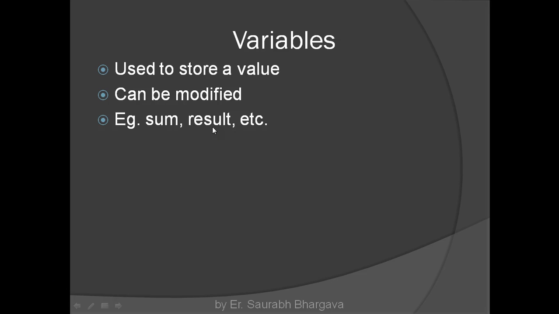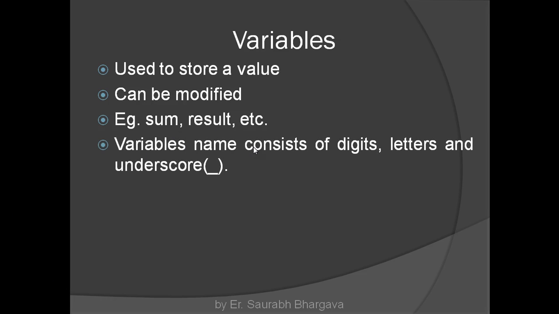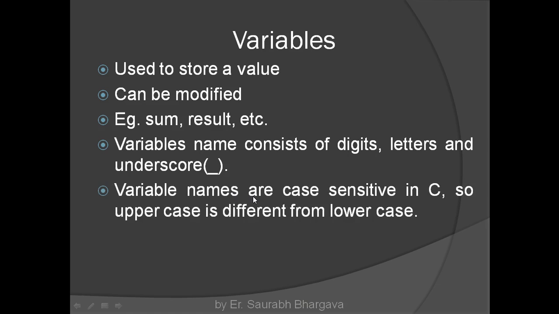So these variables are used to store the value or store the results. Variable names consist of digits, letters and underscore. Variable names are case sensitive in C, so uppercase is different from lowercase.